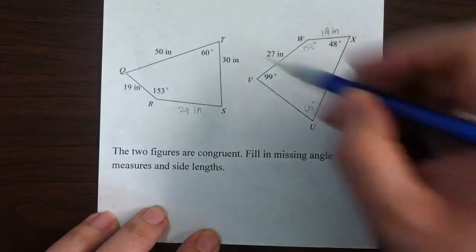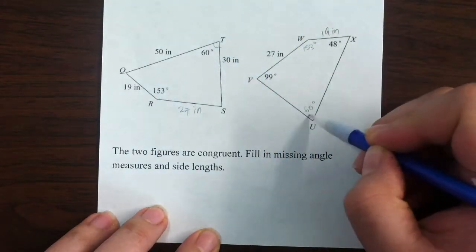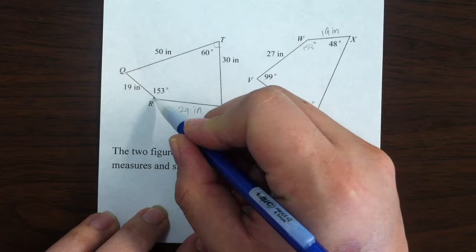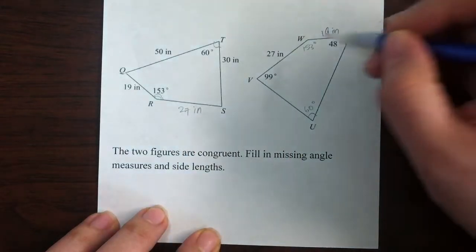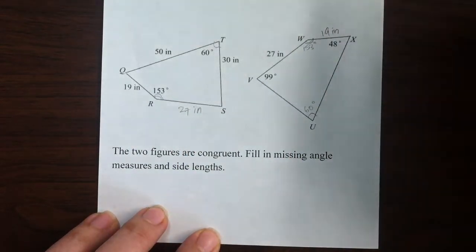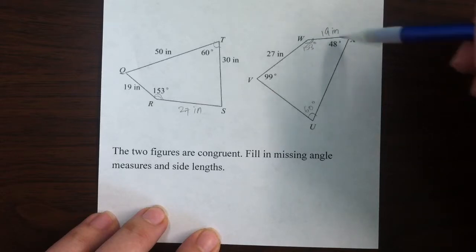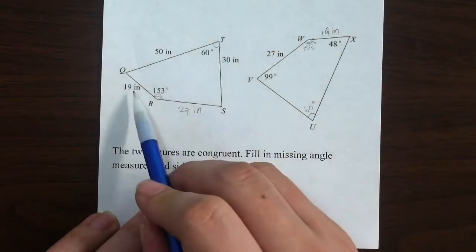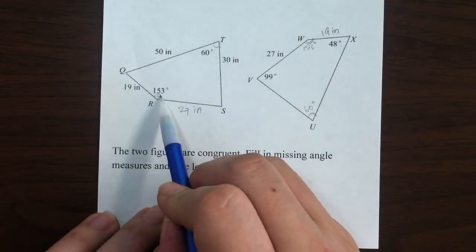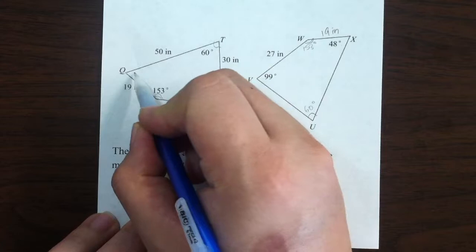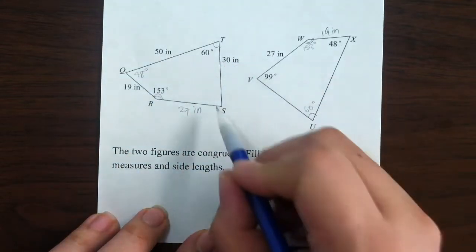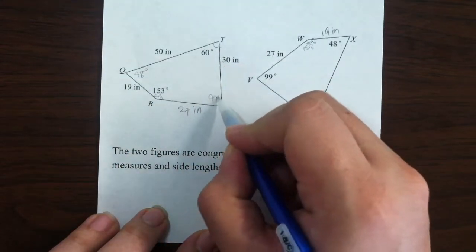So angle T is congruent to angle U, angle R is congruent to angle W, and then I have the angle adjacent to 19, 153 and 48, so adjacent to 19, I have 153 and 48 here. And then the last angle will be 99 degrees.